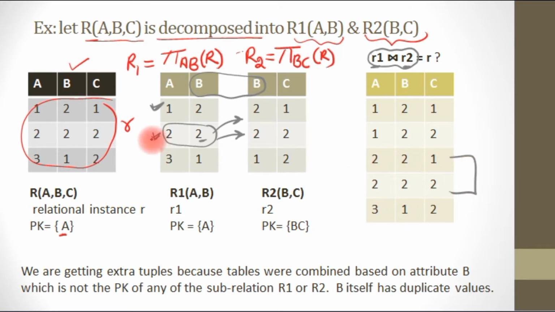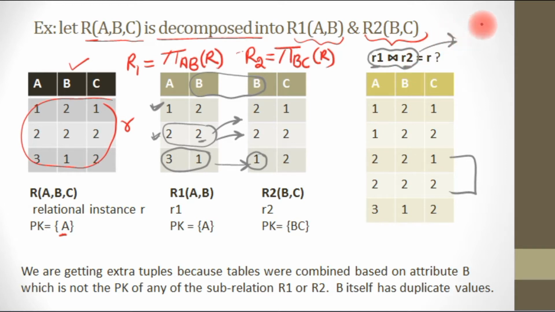Now the last tuple 3, 1 will be combined with those tuples in R2 where B's value is 1, so we have one tuple, 3, 1, 2. This is the relation R1 join R2.